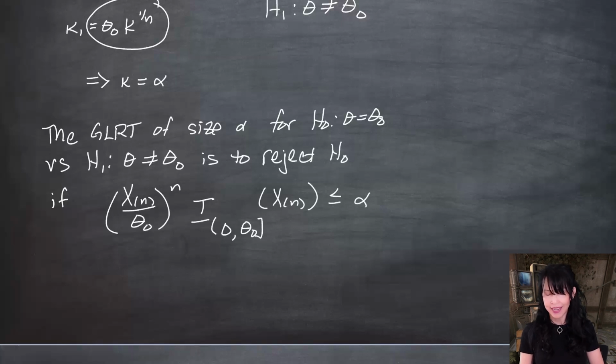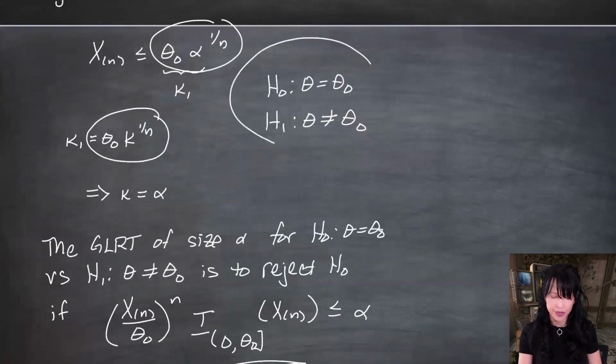So this indicator is going to automatically knock the null hypothesis out of the running. And this corresponds to, consider this.